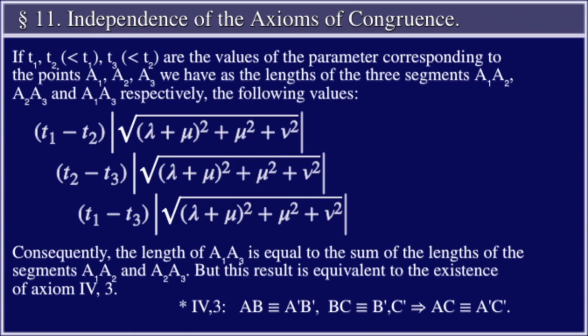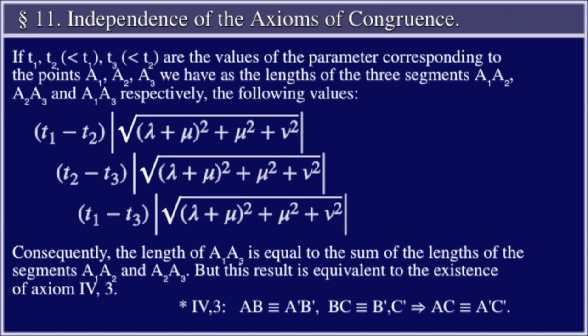The quantity t sub 1 minus t sub 2 times the positive square root of the quantity lambda squared plus mu squared plus nu squared. The quantity t sub 2 minus t sub 3 times the positive square root of the quantity lambda squared plus mu squared plus nu squared.